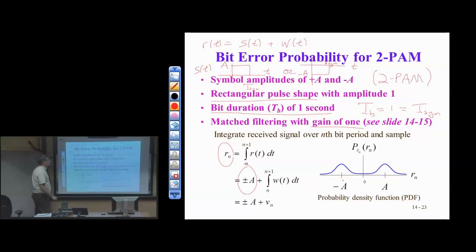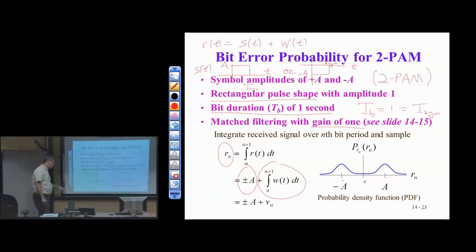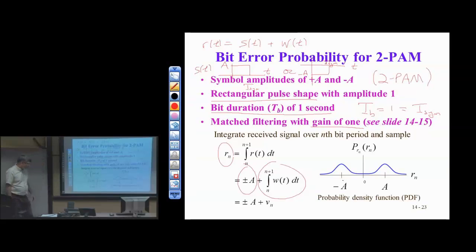Then what's left is integrating over the bit duration the noise. And this is nothing but a low-pass filter. And it works well because we only integrate for a finite amount of time. We don't have to worry about unboundedness for a DC input for all time because we're going to reset the integrator every symbol or every bit duration and discharge the memory to 0, by discharging the capacitor.